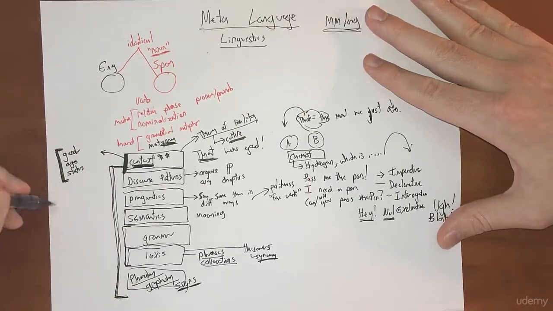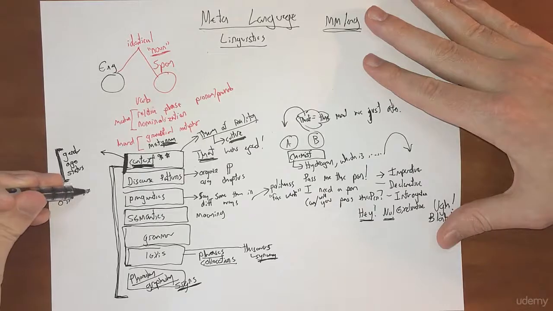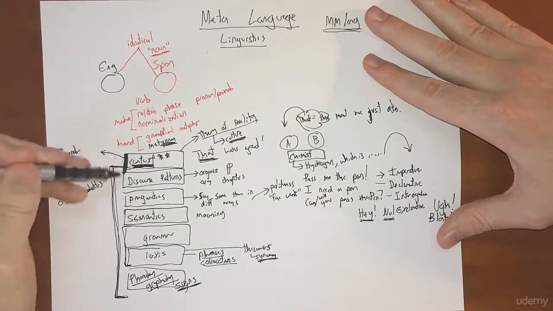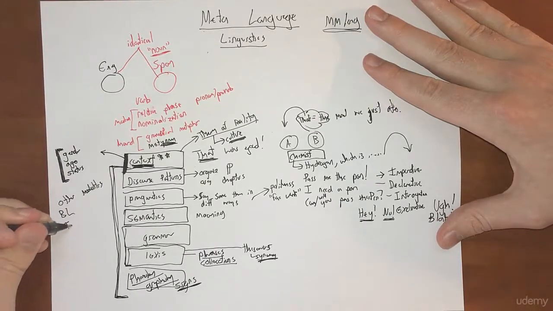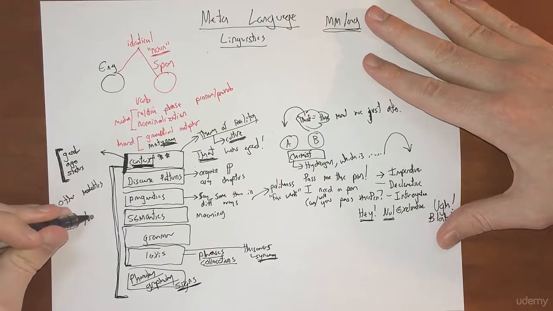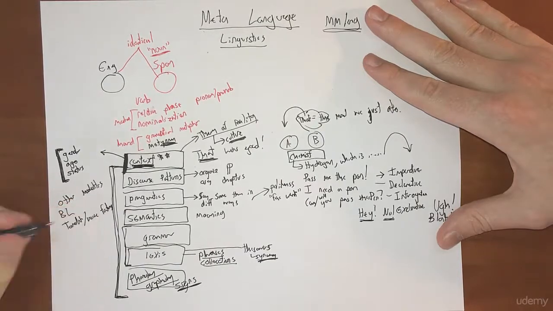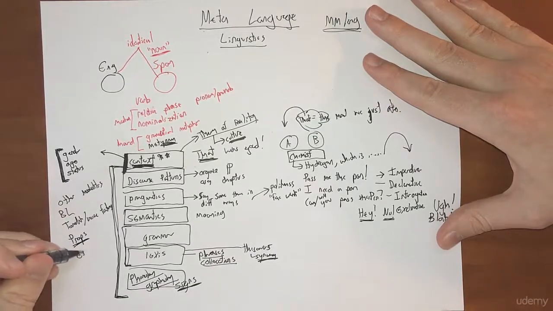There's also other modalities. So when you're communicating with spoken or written language, there's also your body language. There's also your tonality and voice features. And let's say you have some props, some objects. There's also the environment.